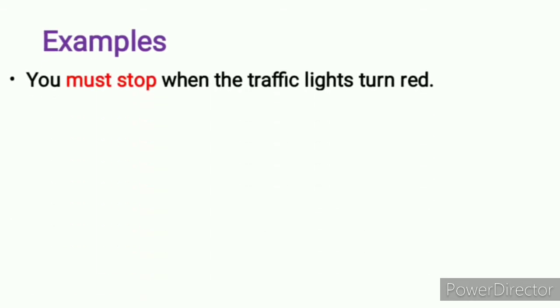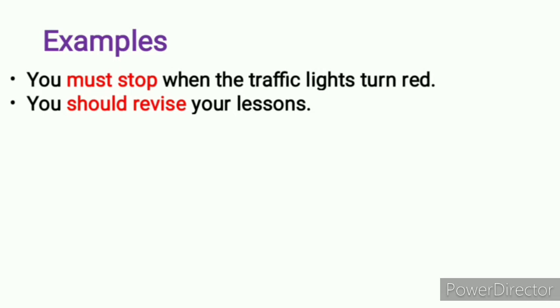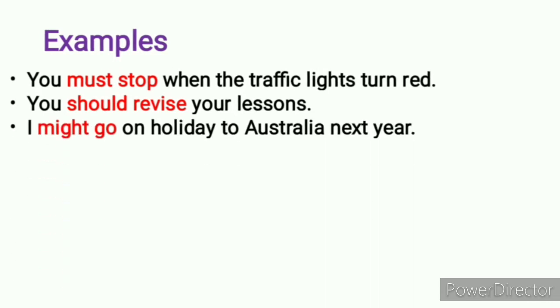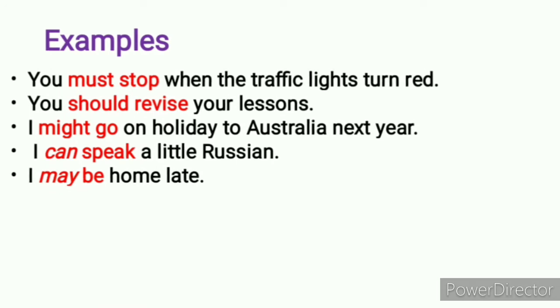Let us look at the example. You must stop when the traffic lights turn red. Next, you should revise your lessons. I might go on holiday to Australia next year. I can speak a little Russian. I may be home late.